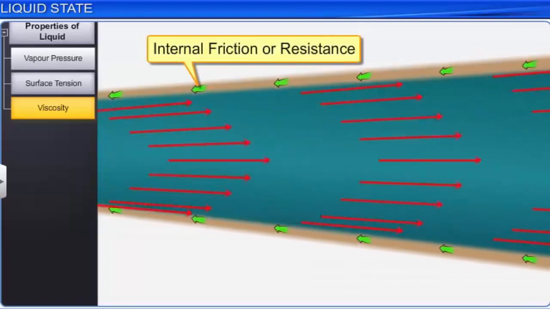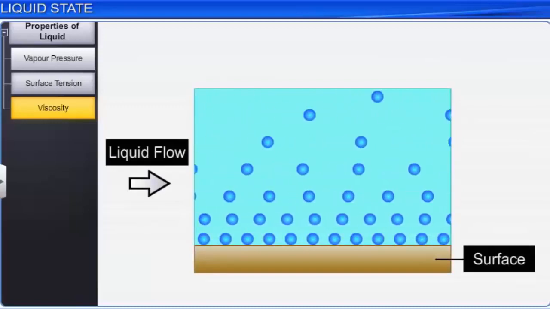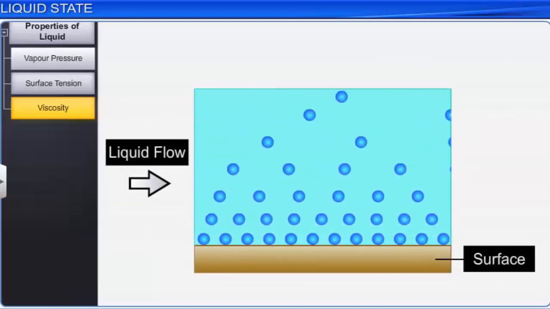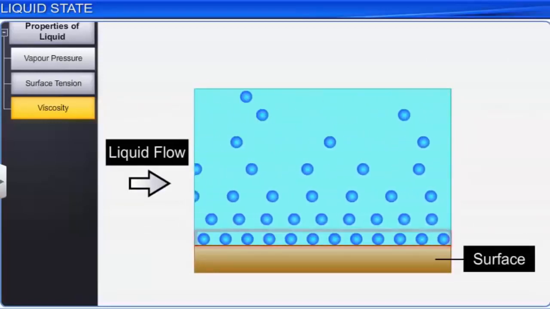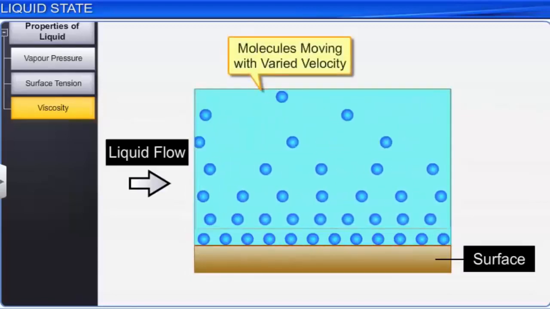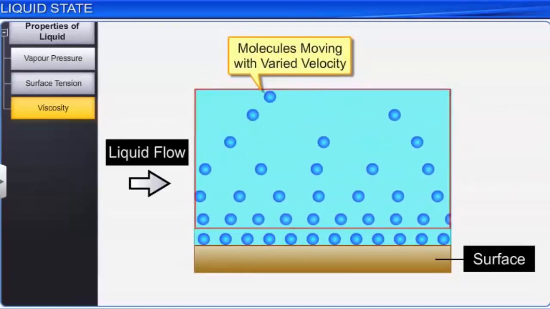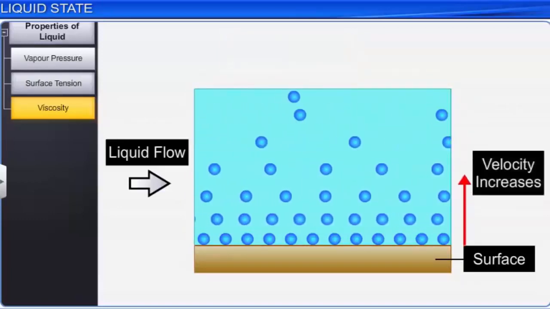When a liquid flows over a fixed surface, the layer of molecules in immediate contact with the surface is stationary, while the upper layers move with different velocities. The velocity increases with the distance of the layers from the fixed layer. This implies that the uppermost layer of molecules has the greatest velocity.